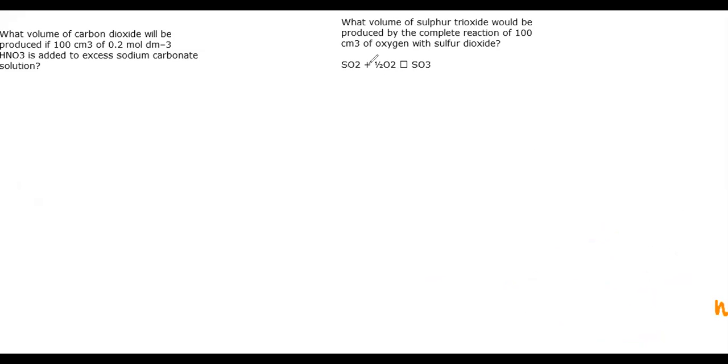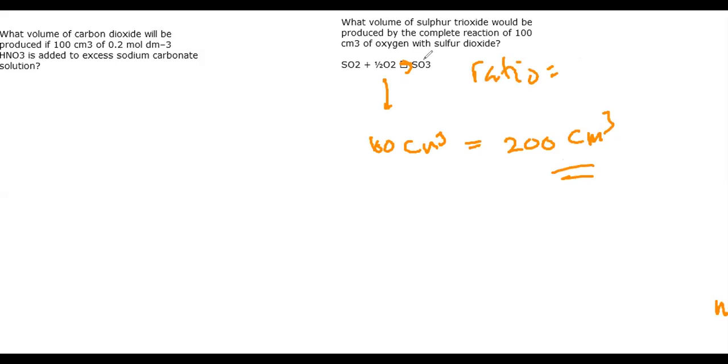So here oxygen is 100 cm³, but the ratio between SO3 and O2 is 2 to 1, so you also have 200 cm³. Remember that ratio is the same as the coefficient. So the ratio between SO3 and O2 is 2:1. So for example, if you have 100 of O2, then you'll have 200 of SO3.